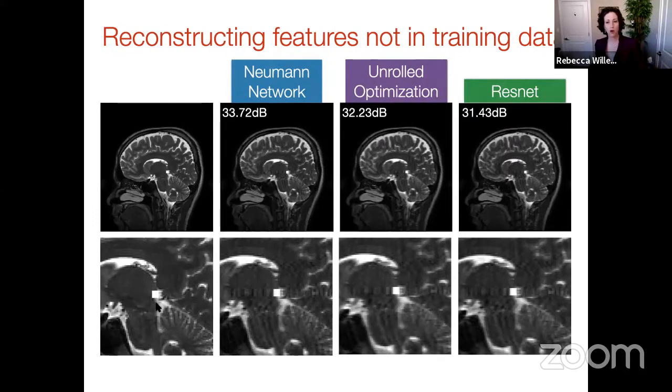We wanted to see how well we could reconstruct it. Here we can see the reconstruction corresponding to the Neumann network, unrolled gradient descent, or a ResNet. In all cases, we are able to reconstruct that feature, but we definitely have some strange ringing artifacts on either side of it.